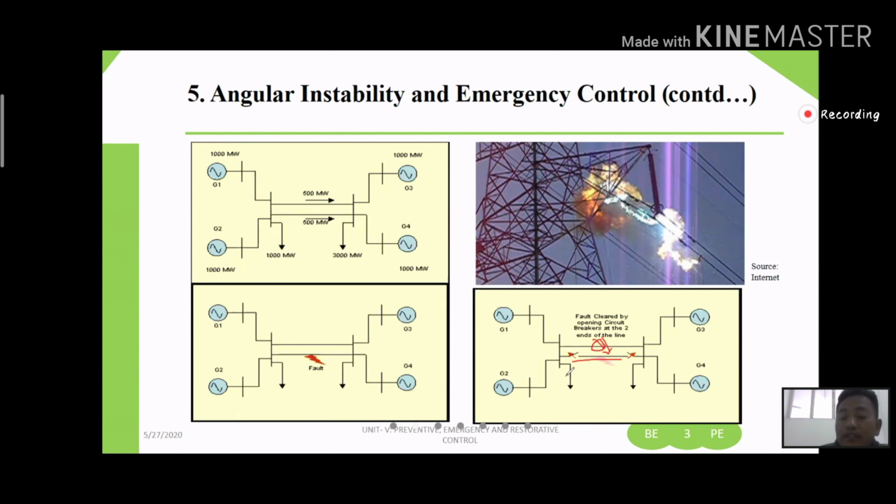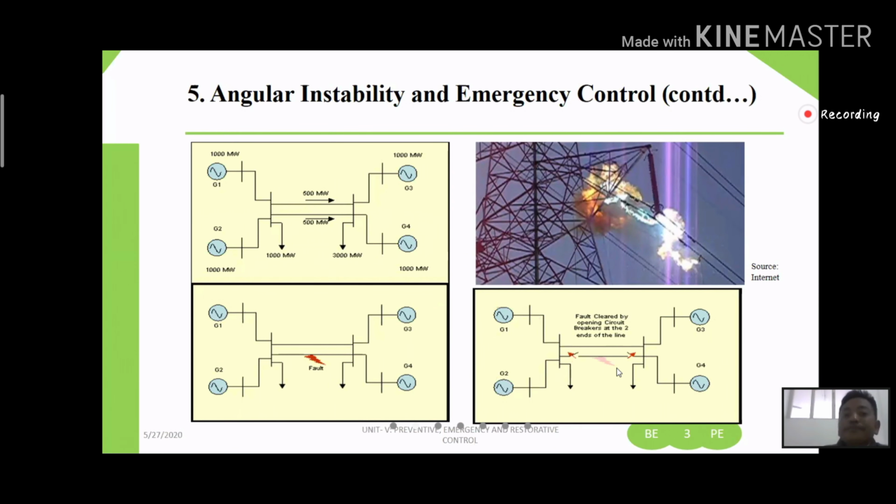On this side there will be excess generation: the load required is 1000, but you will have 2000 megawatt generation. And on this side you will have a deficit of generation, where the load demand is more than the generation. In order to avoid that, we have to carry out the emergency control, because it is in an emergency state.